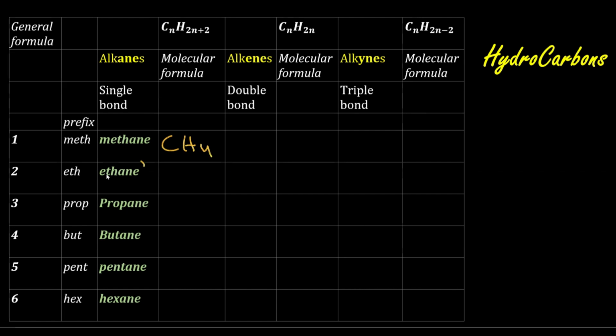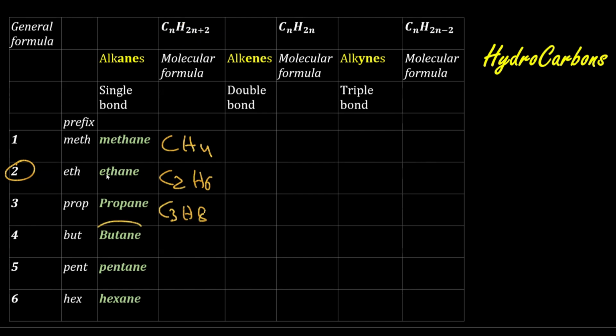If I have to write the molecular formula of ethane, I have to place n as 2 as there are two carbon atoms. So this is C2, H is 2 times 2 is 4, 4 plus 2 is 6, so it's going to be H6. Further, placing n as 3 for propane is going to be C3H, 2 times 3 is 6 plus 2, 8.